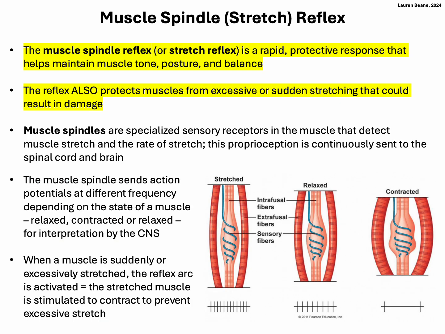The muscle spindle, one of the proprioceptors, controls the muscle spindle or stretch reflex. It's a rapid protective response, helps to maintain tone, posture, balance, and can also, importantly, protect muscles from excessive or sudden stretch that could result in damage.